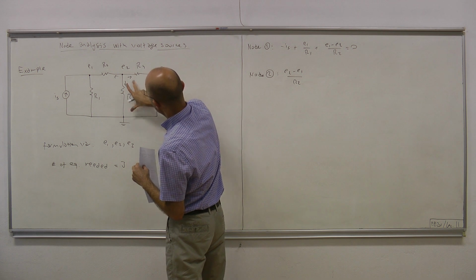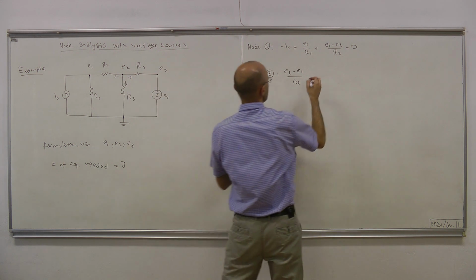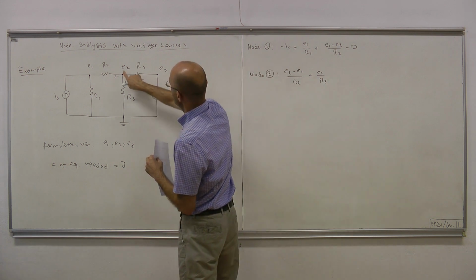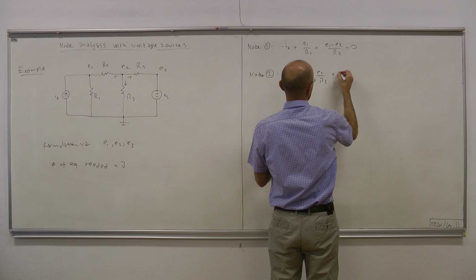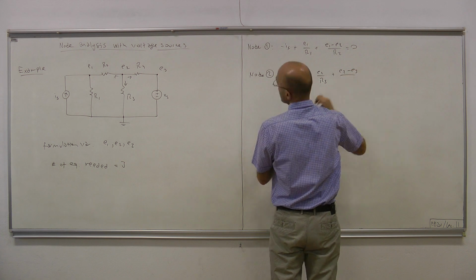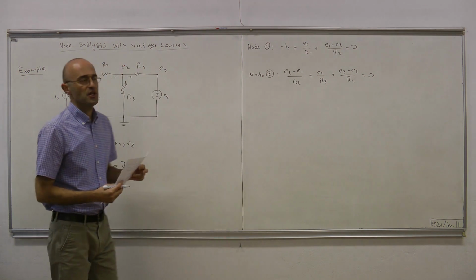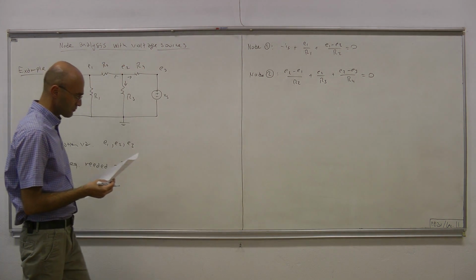This current is this voltage over R3, which is E2 over R3. And finally, this current is E2 minus E3 over the resistance in between, which is R4. And KCL says that the sum must equal 0.